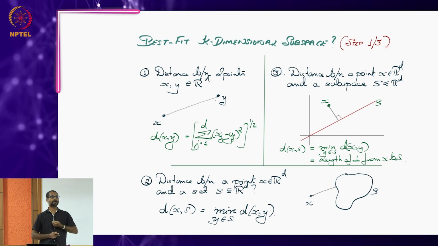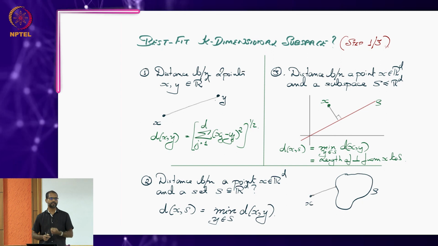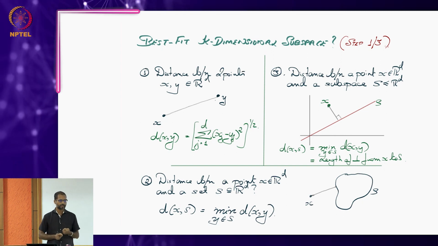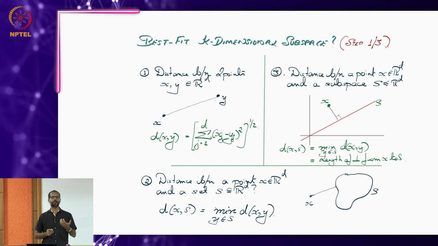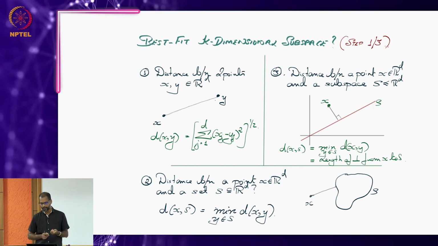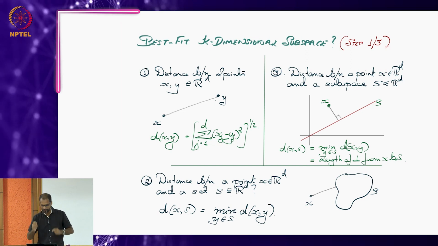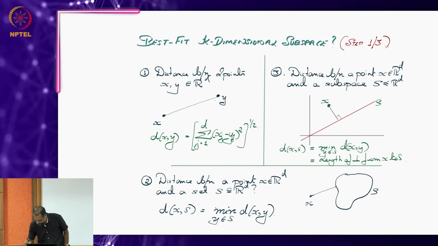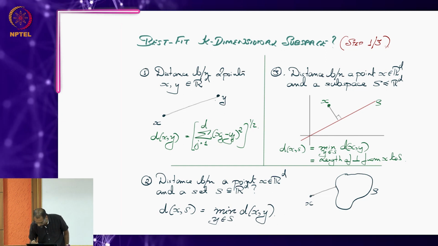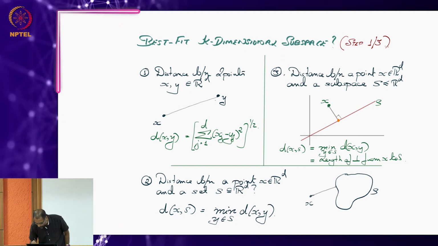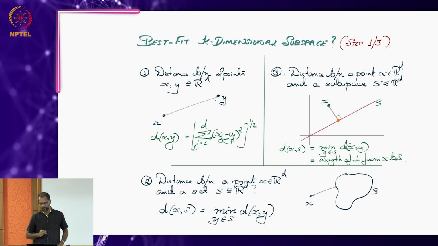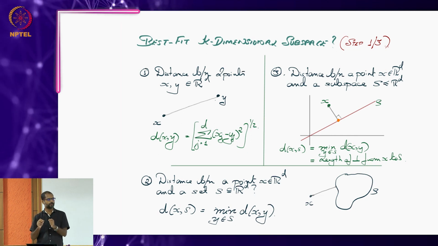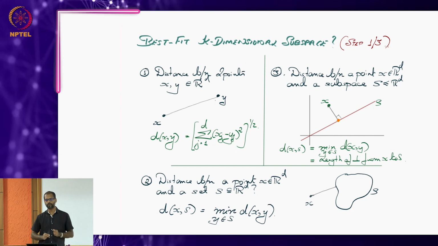Okay, but when S is a subspace, you can also give a further geometric interpretation to it. The point which is closest to it, which in this case is this orange point here, if you join X and this orange point, it will be perpendicular to this subspace.